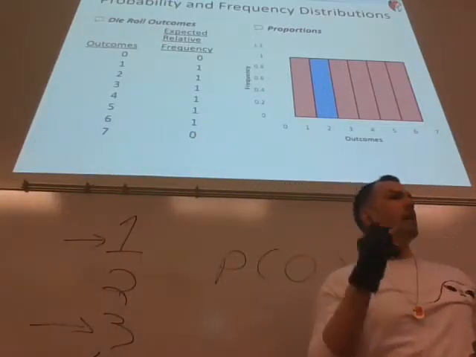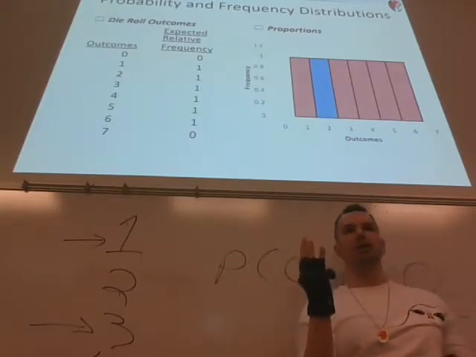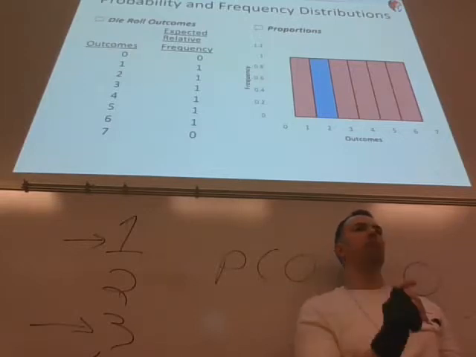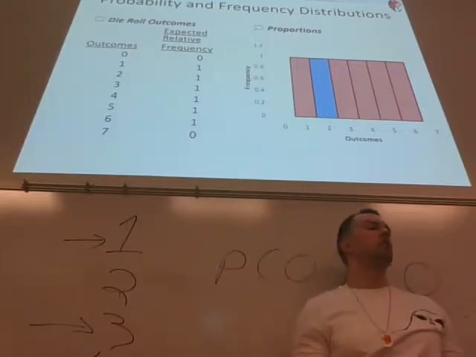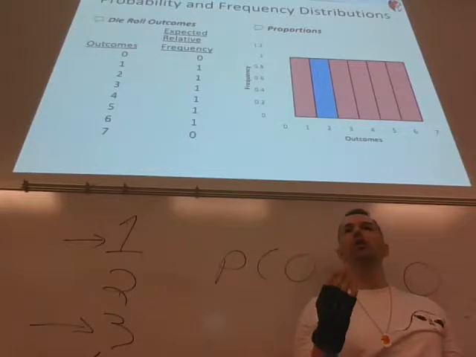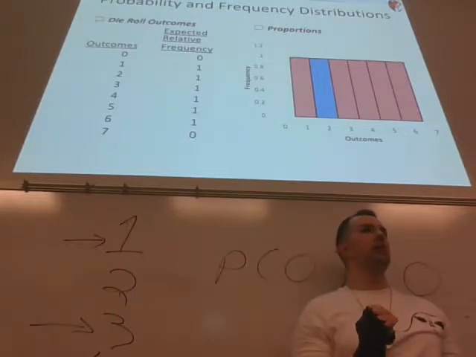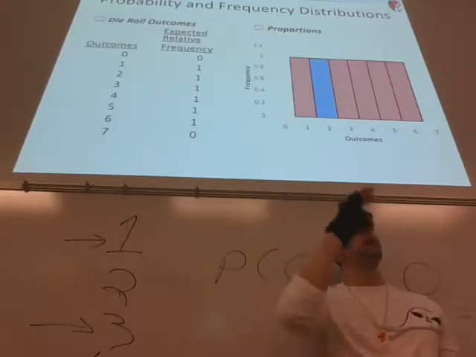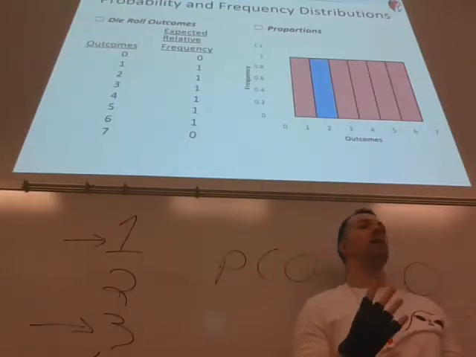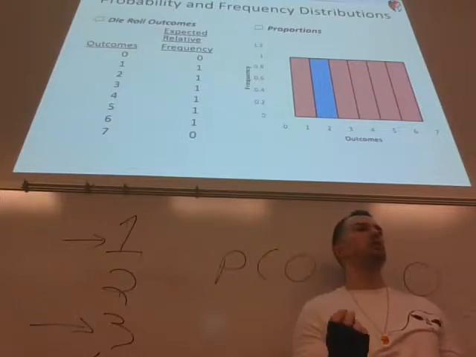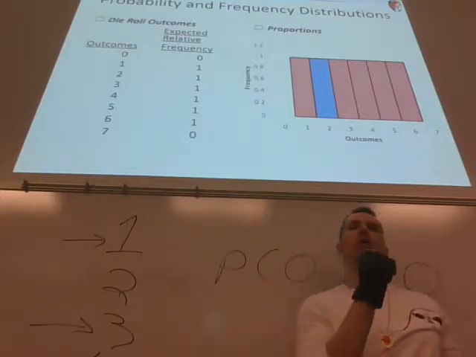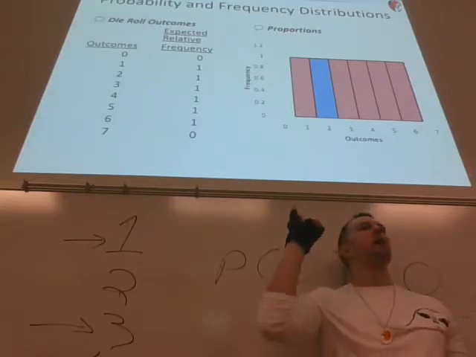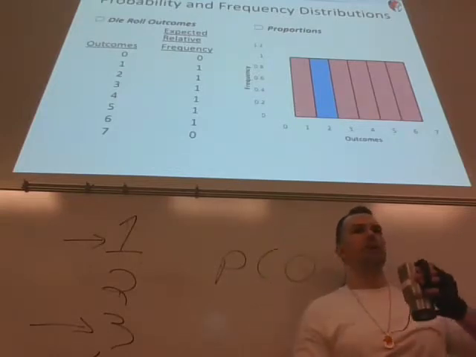We're going to see techniques for figuring out what that blue bar is. But for right now, it's important to realize that that blue bar is the proportion of the frequency distribution where you win. And that proportion is 17% of the entire distribution, meaning that you have a 17% chance of winning on your next roll. So proportions and probabilities are exactly the same thing. And again, it's that proportion of a frequency distribution.